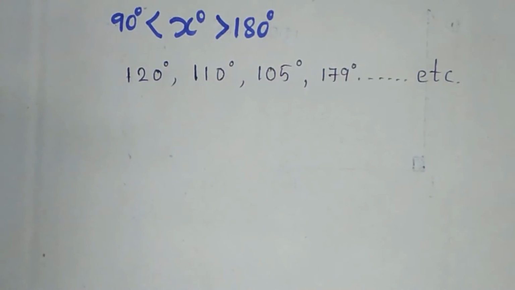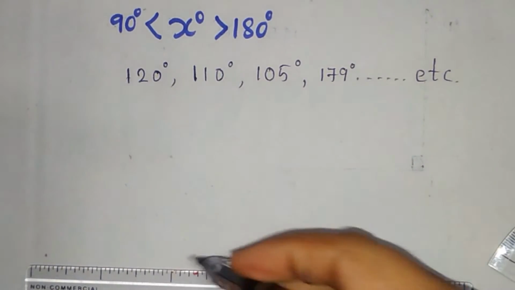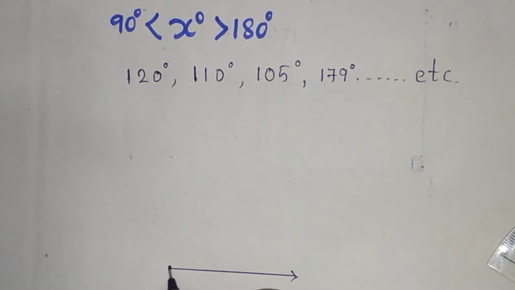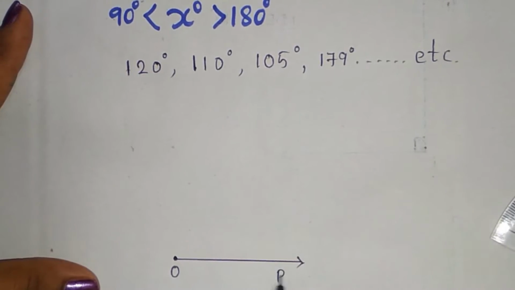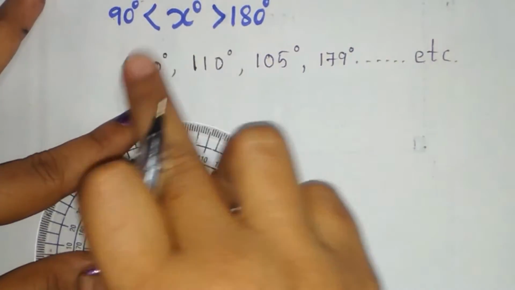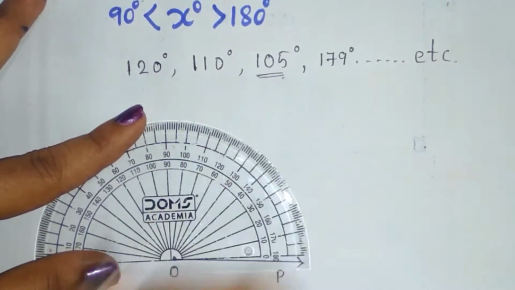Let us see what the shape of an obtuse angle will be. If I draw a ray and name it OP, and now I want to construct one angle from this, I will construct 105 degrees.